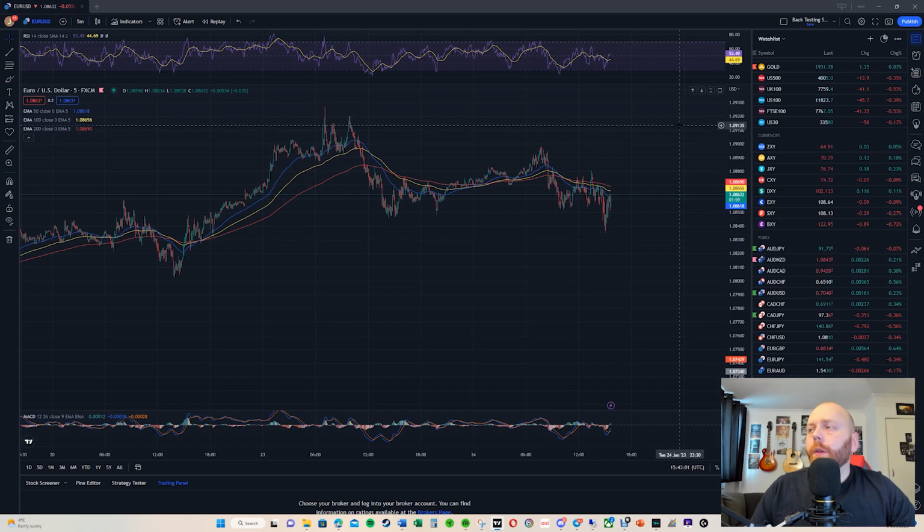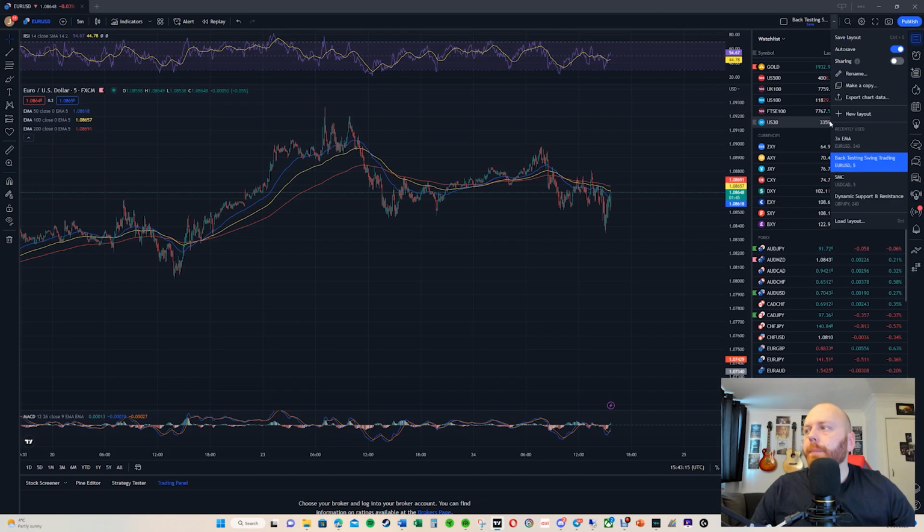One of the big things you can do is create up to 5 different templates. So let's say this is the set of indicators I use for a certain strategy. Maybe I do a scalping strategy where I want different indicators. Then you can create a new layout by clicking up here and add new layout.